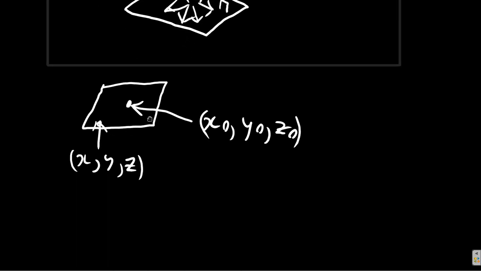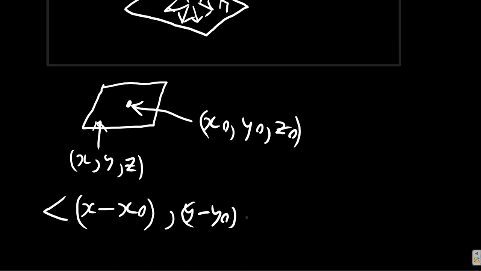Now, the vector that connects these 2 points would be x minus x0. That's the distance there. Alright. It's a vector, so remember, use these type of brackets to include the vector: <x minus x0, y minus y0, z minus z0>.